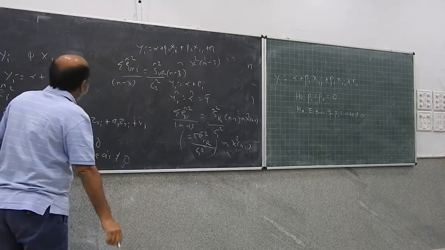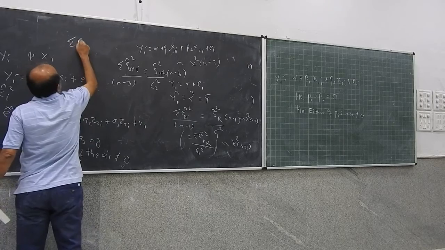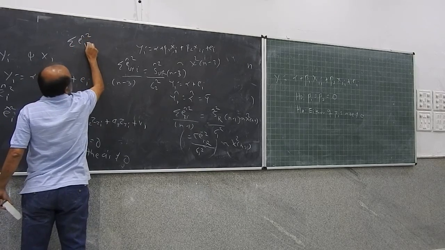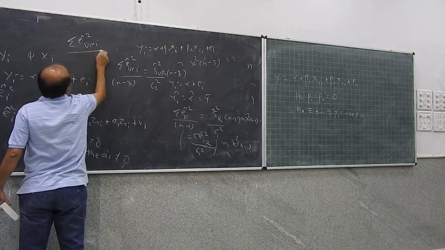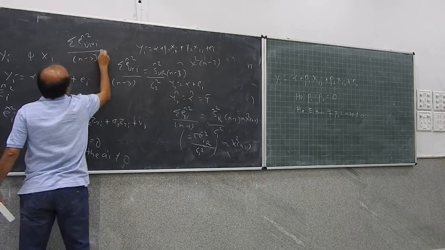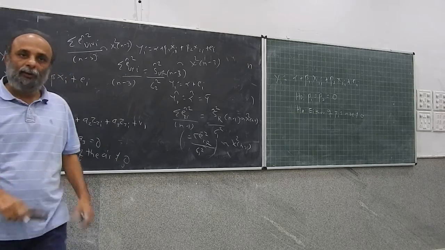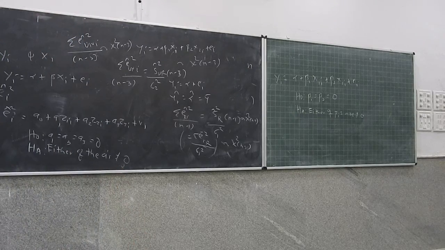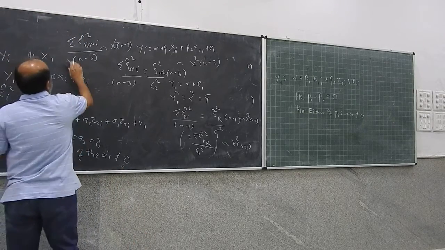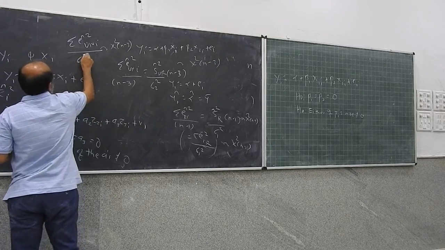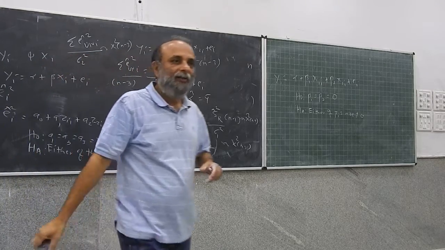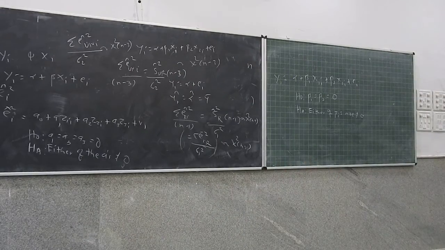Similarly, you would have this upon sigma square, which will be a chi-square with n minus 3 degrees of freedom.